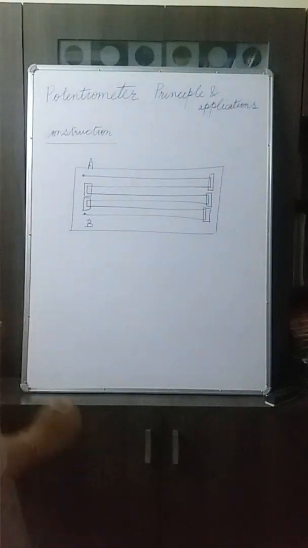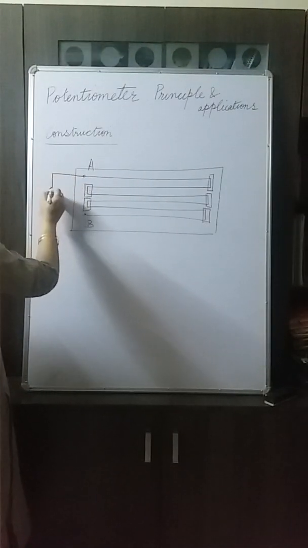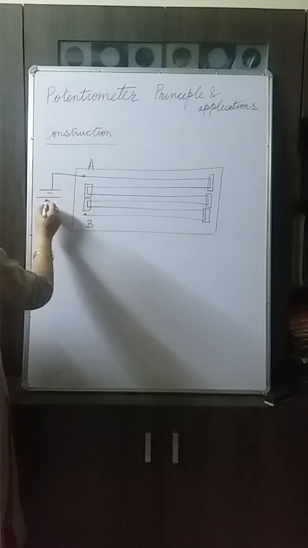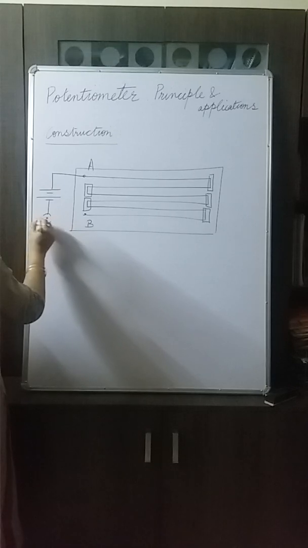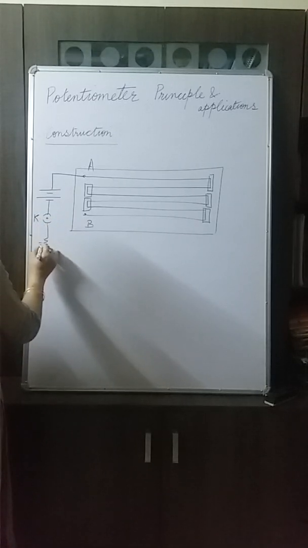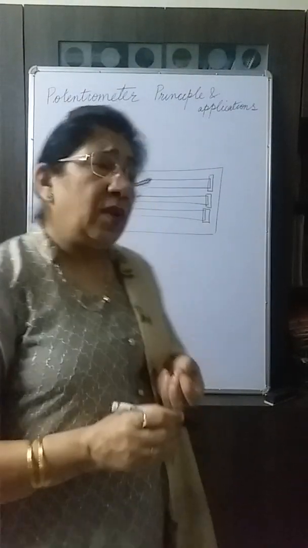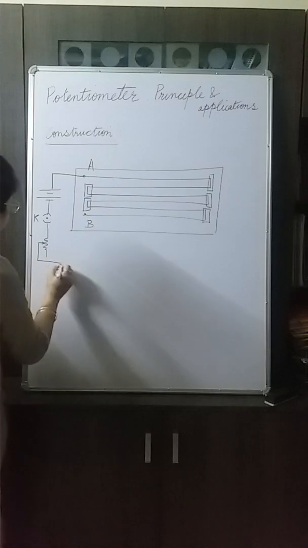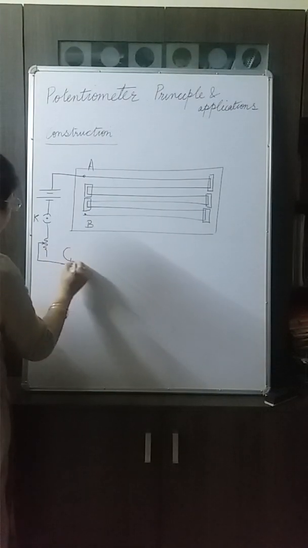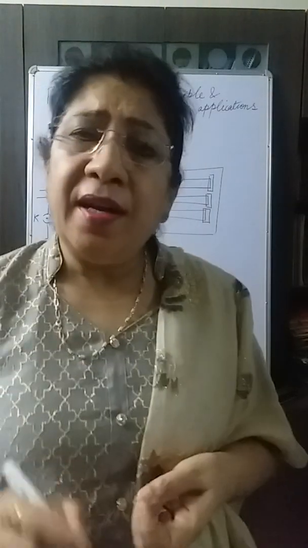Besides this wire, from the A point, a battery is connected, and a key is there, a plug key, a rheostat to monitor any variation in the potential, and an ammeter to control the condition that the current is constant.